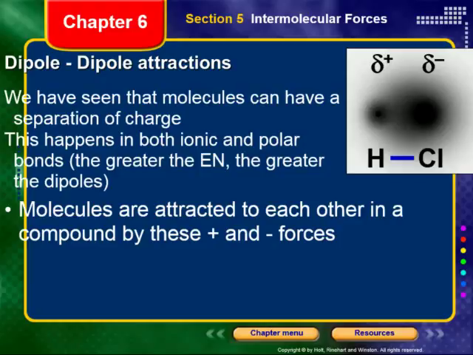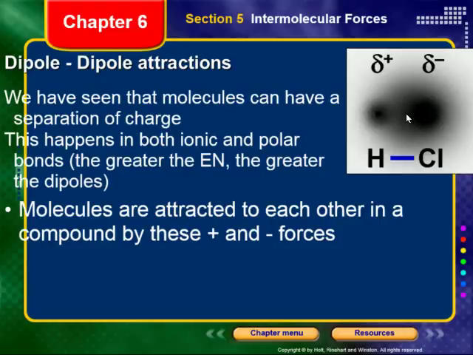We have seen that molecules can have a separation of charge. Over here on the side we have hydrogen chloride or hydrochloric acid, however you want to look at it. You have a hydrogen atom, you have a chlorine atom. We saw that with regard to electronegativity, chlorine is much more electronegative than hydrogen.